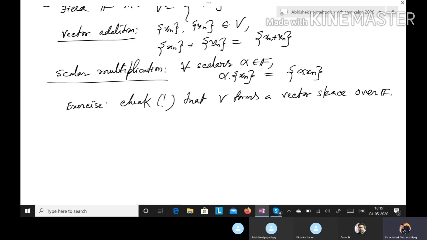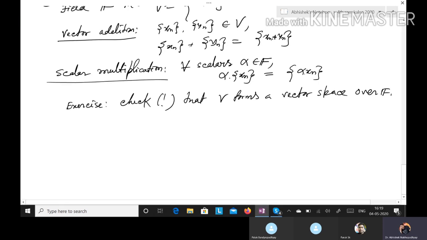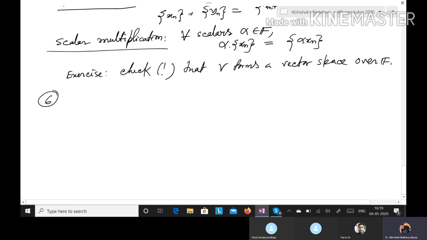Actually, you need to know many more examples to view vector spaces in general. Now, the next one is very crucial because this example will tell you how, given any vector space, to construct a new vector space from an old vector space.